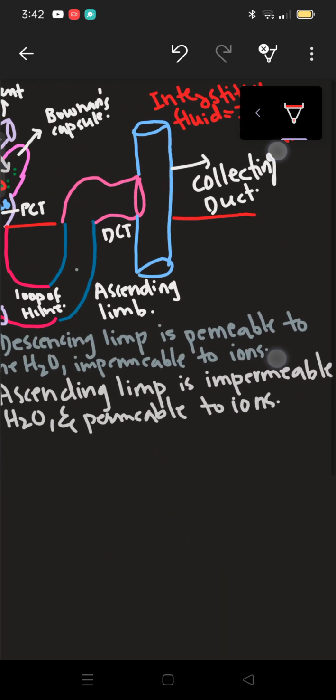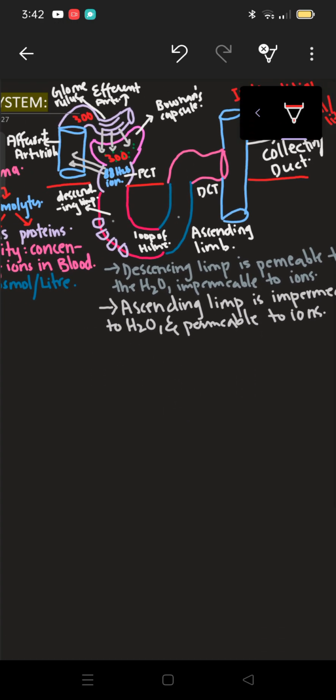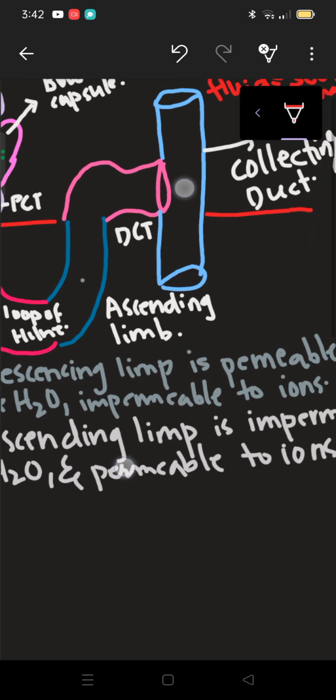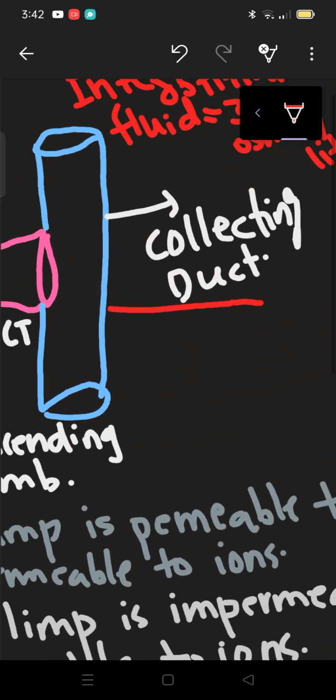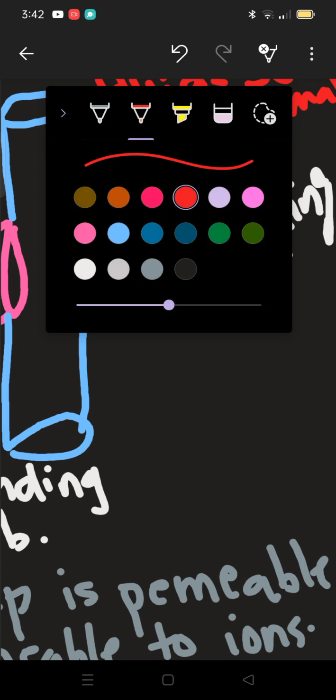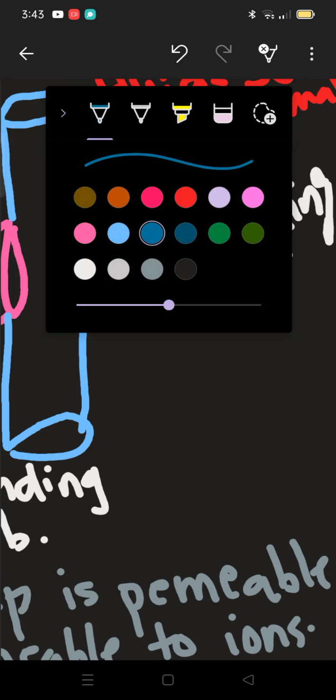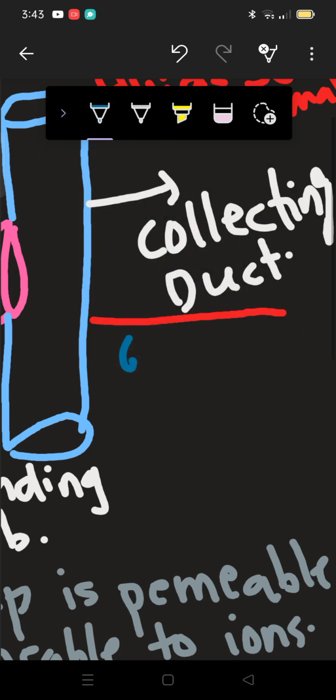As the loop of Henle is going down, the osmolarity is increasing. Here the osmolarity would be 600, not at the start, but slowly and gradually it will be increasing.